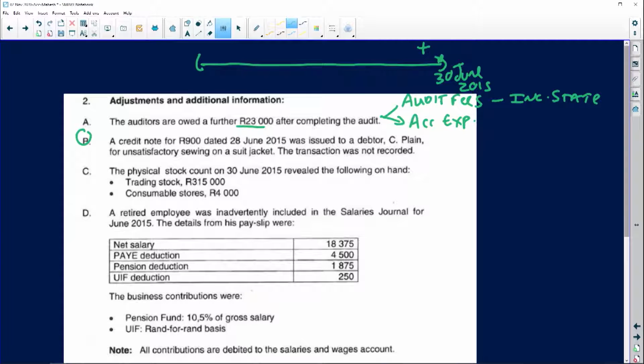A credit note for 900 Rand dated the 28th of June 2015 was issued to a debtor, C Plain, for unsatisfactory sewing on a suit jacket. This transaction was not recorded. Right, now when it comes to this particular transaction, guys, be very careful.